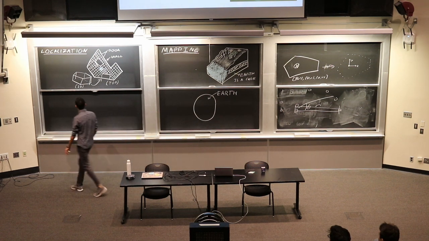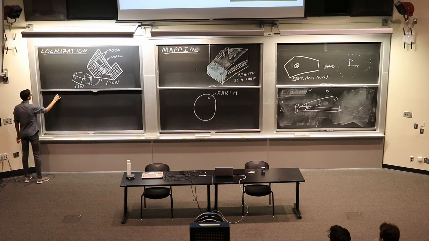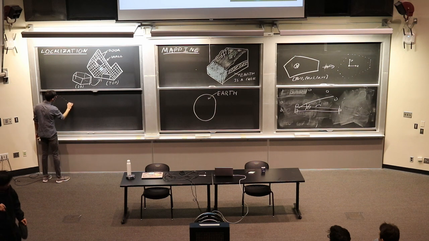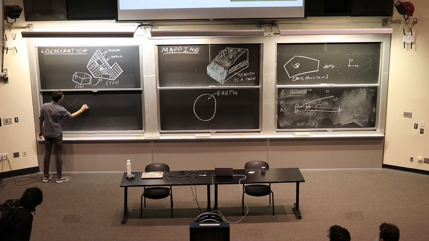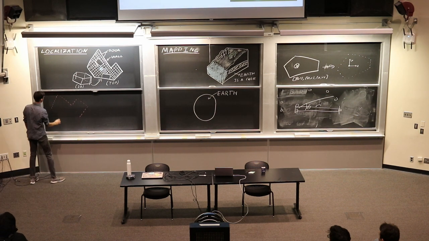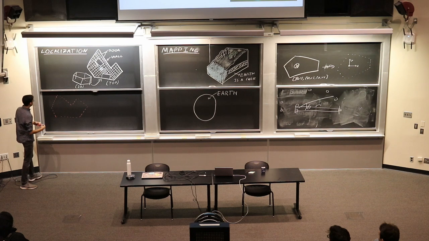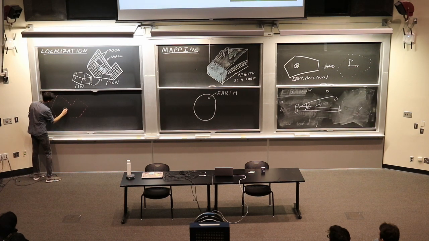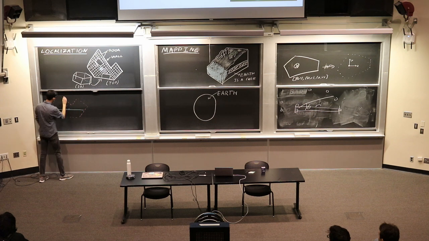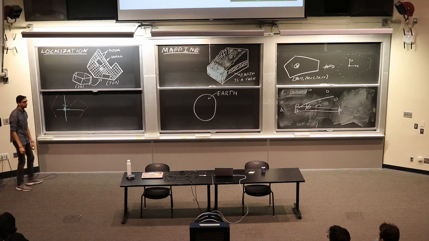My point cloud is going to look like something like that, right? Here is the robot. So this is 0, 0. This is my x-axis. This is my y-axis.